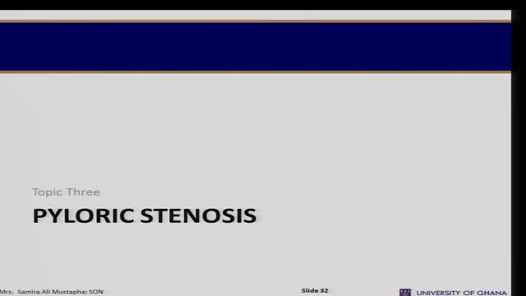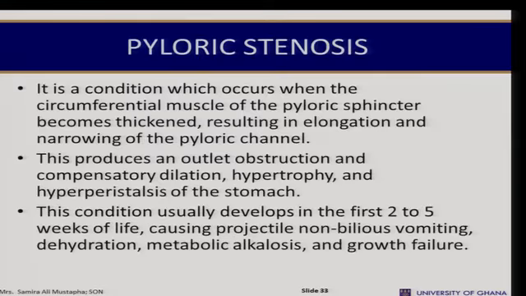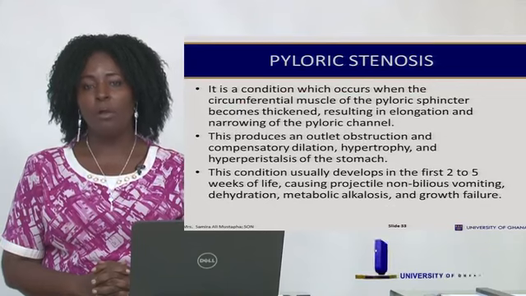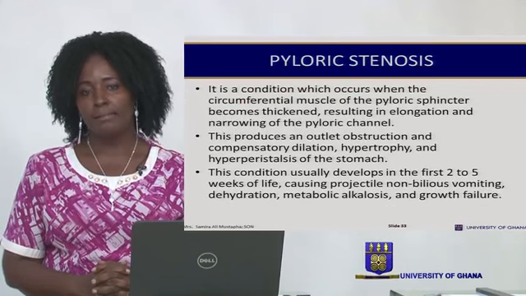So now our third topic is pyloric stenosis. It is also a common condition which occurs in newborns, when the circumferential muscle of the pylorus becomes thickened, and here it results in elongation and narrowing of the pyloric canal.